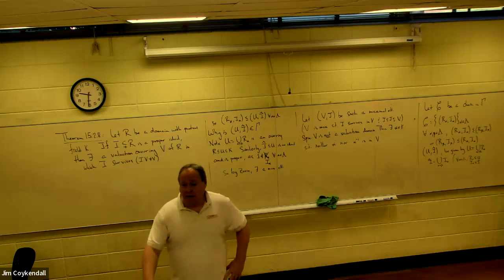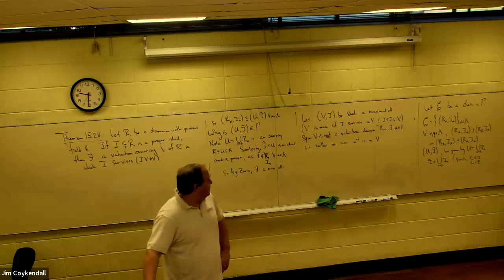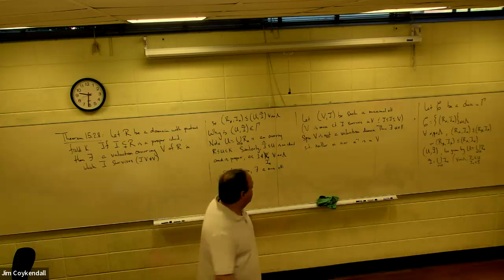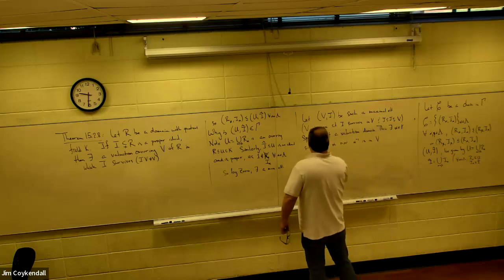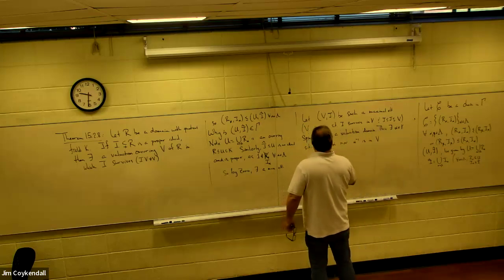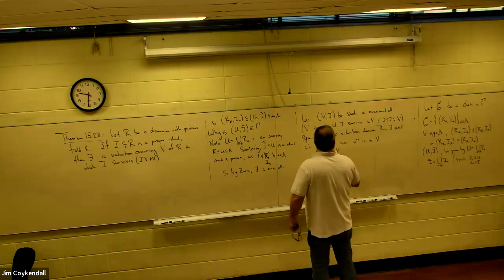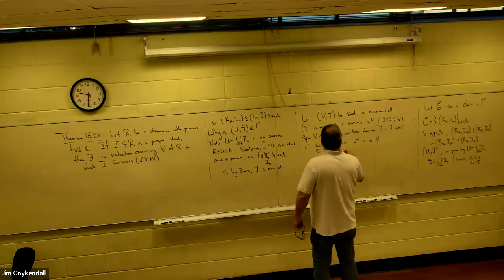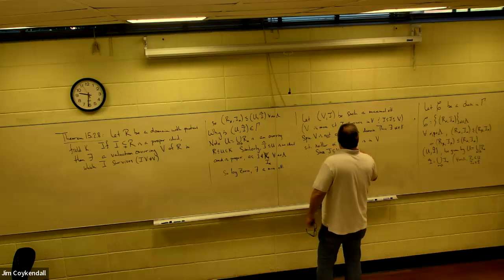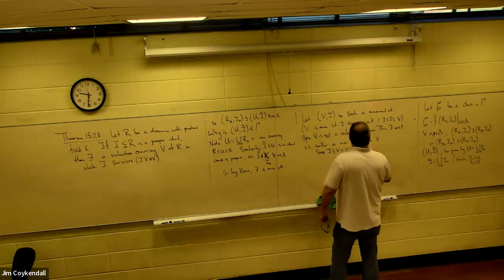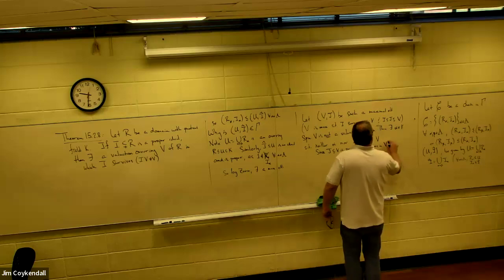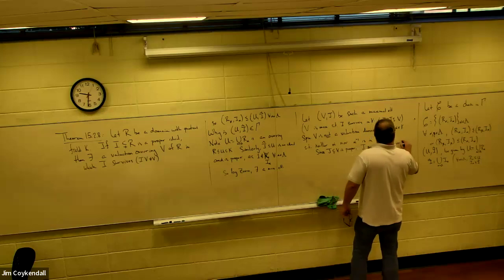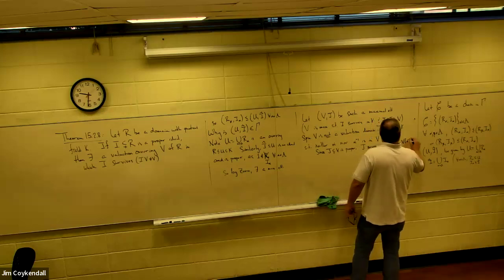So if V is not a valuation domain, I should be able to find some alpha in the quotient field such that neither alpha nor its reciprocal are in V. But notice, since J in V is proper, J survives in V[alpha] or V[alpha inverse].